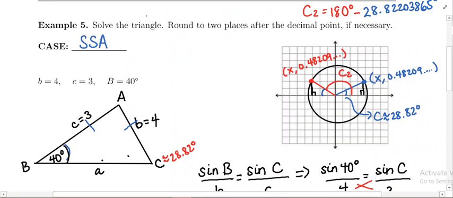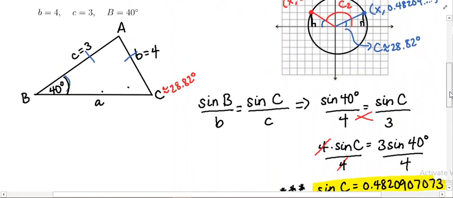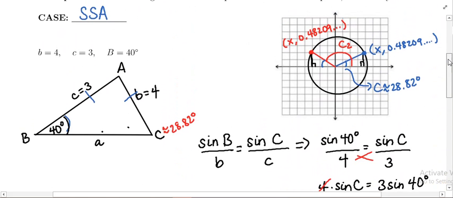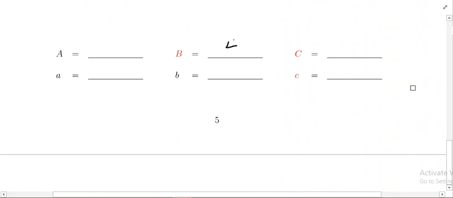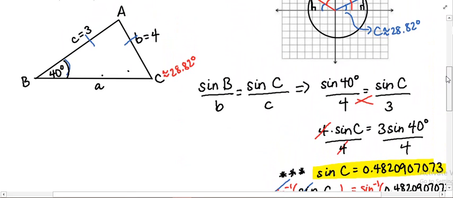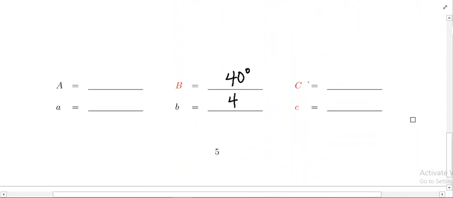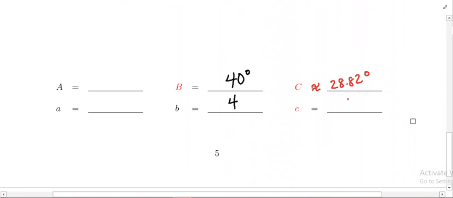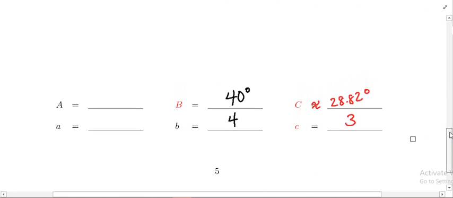We know that angle B is 40 degrees, and side length B is 4. We know that angle C is approximately 28.82 degrees, and side length C is 3. So we've got almost everything except for A and A.